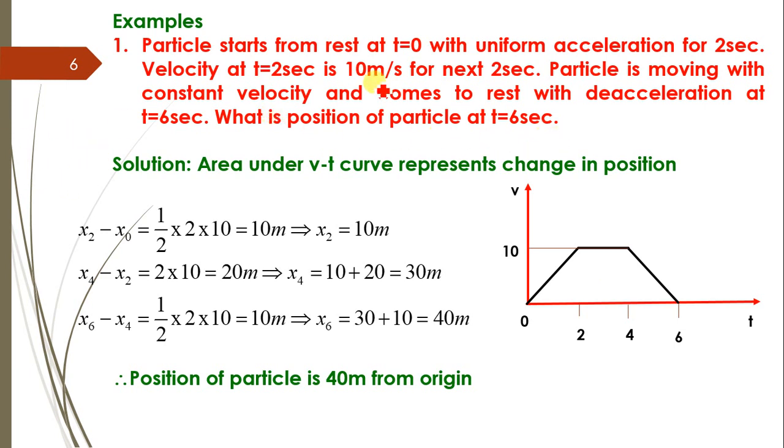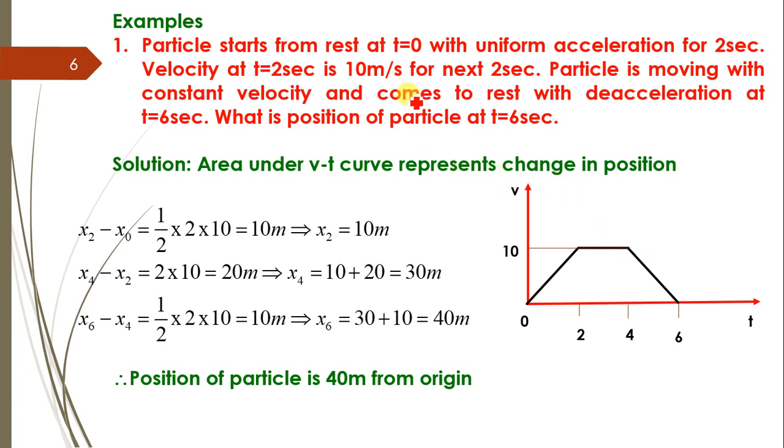Then for the next 2 seconds, the particle is moving with a constant velocity, meaning from t equals 2 to t equals 4 seconds, the velocity of the particle remains constant, that is 10 meter per second.